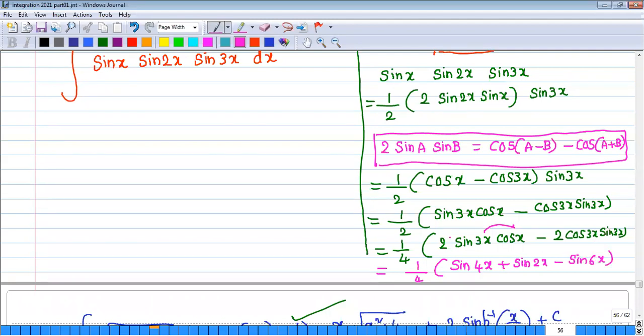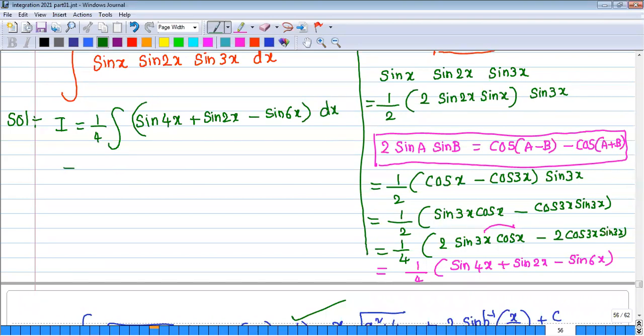Completed. So that means this is expressed, and now the solution: I equals integral of 1 by 4 common, sin 4x plus sin 2x minus sin 6x dx.